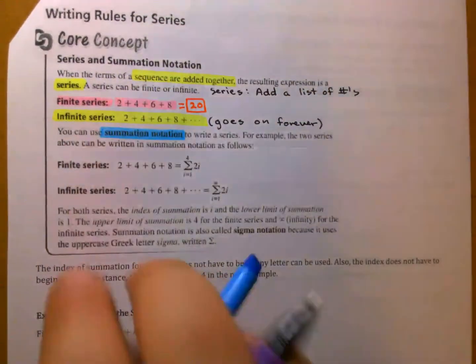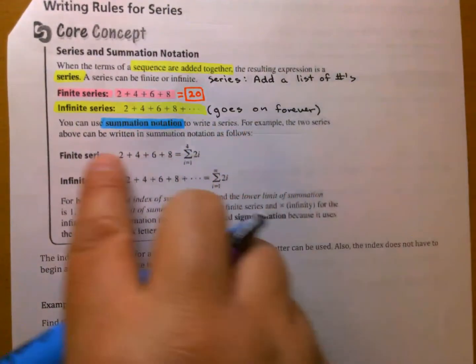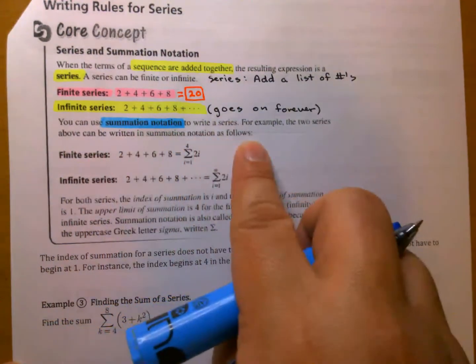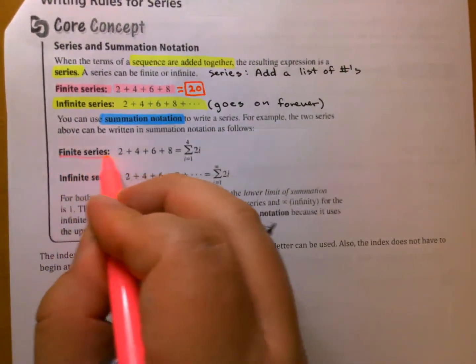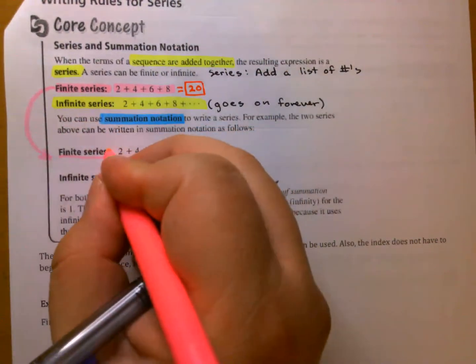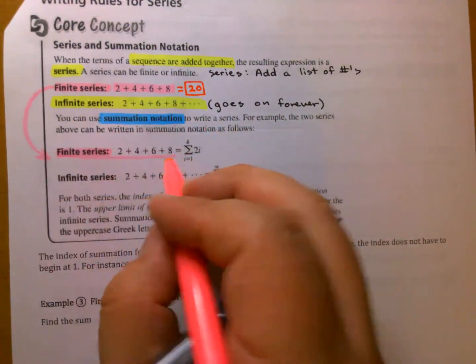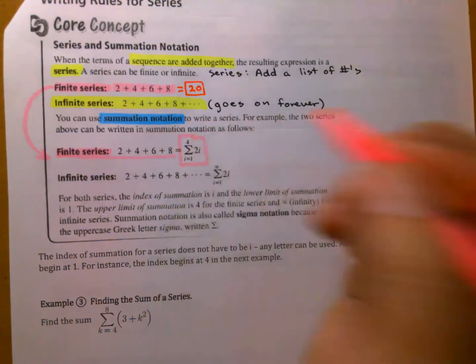You can use summation notation to write a series. So, for example, the two series above can be written in summation notation as follows. Here's that finite one we saw earlier, right above. They're saying this list of numbers can be turned into this. Notice that symbol they're using.